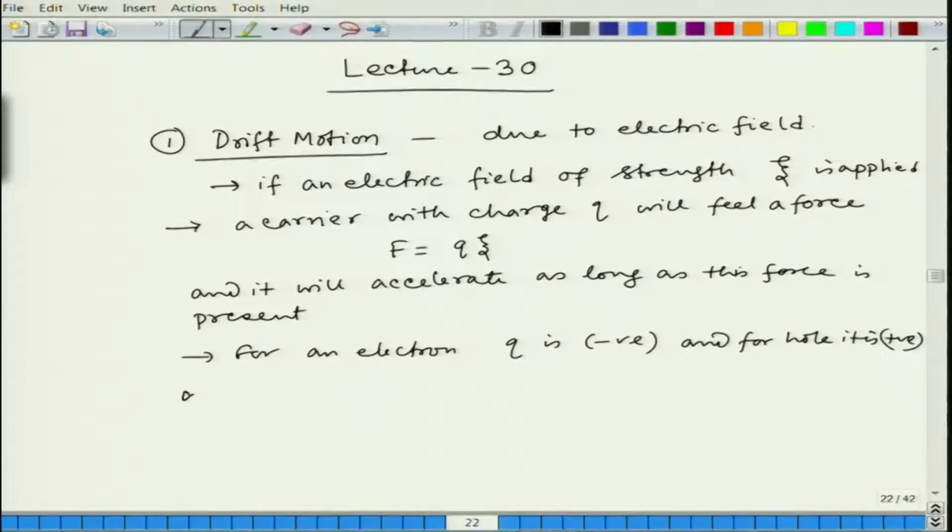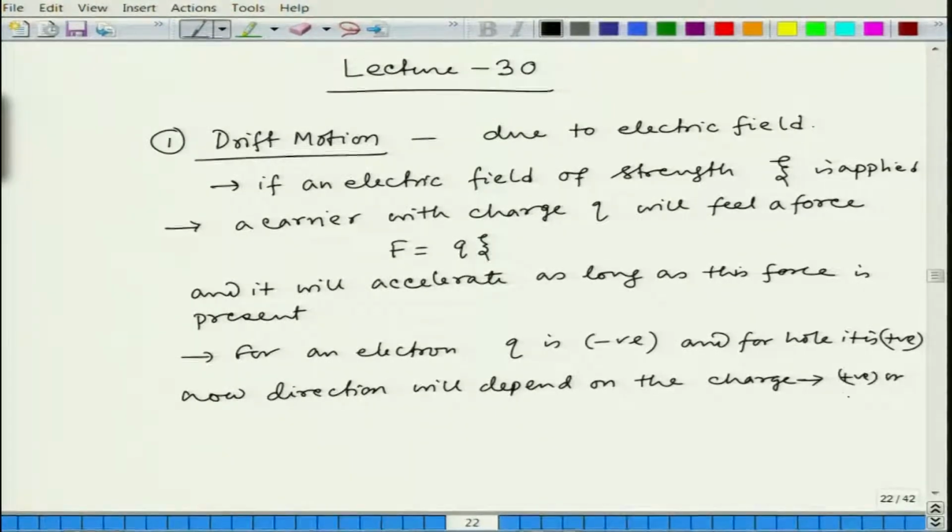Now, the direction of course will depend on the charge sign, right. So, whether it is positive or negative will tell what the direction of motion would be.